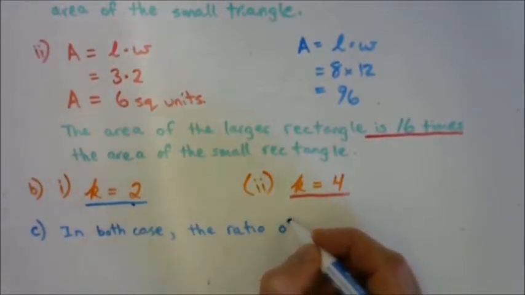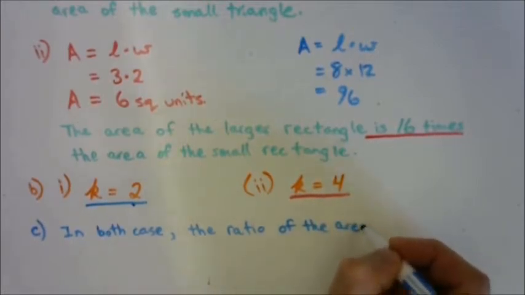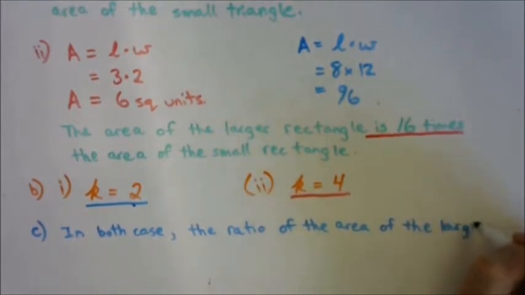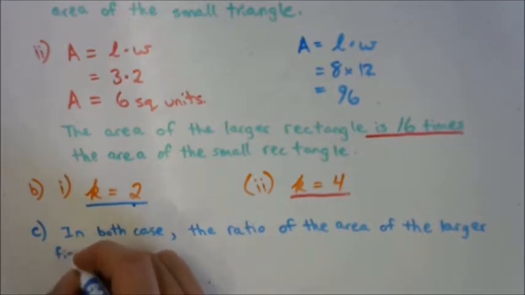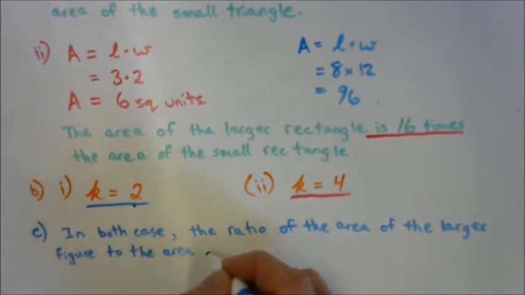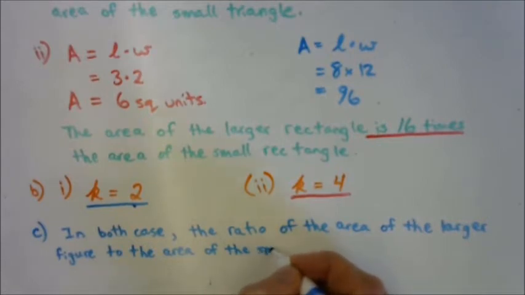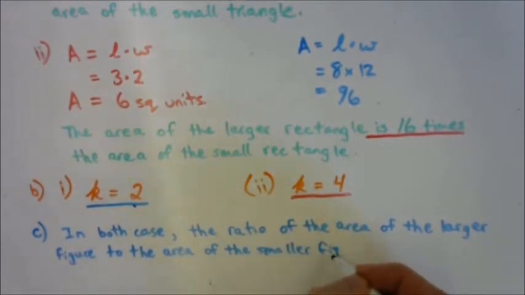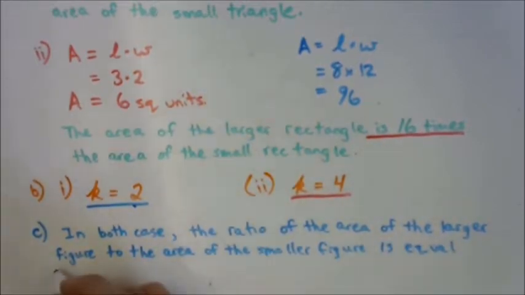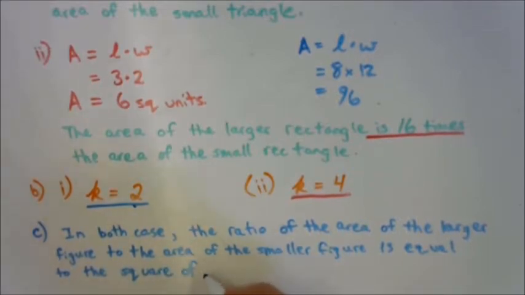The ratio of the area of the larger figure to the area of the smaller figure is equal to the square of the scale factor k.